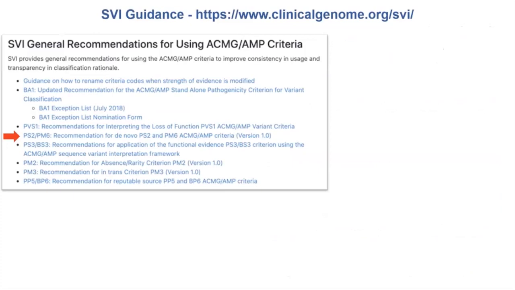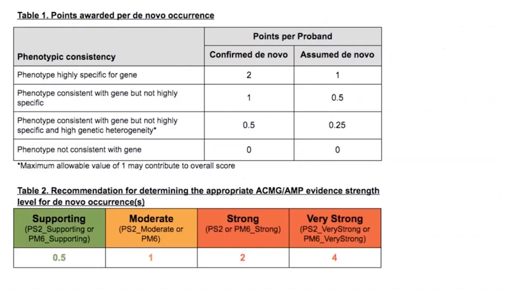So SVI published guidance about how to apply these de novo rules, and I have shown here where you can find it on our website. We wanted to publish guidance for how to use these de novo occurrences because a question often comes up of when you have multiple de novo occurrences, how do you add these all together to figure out the applicable strength?